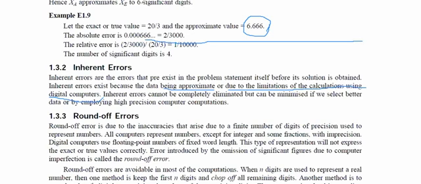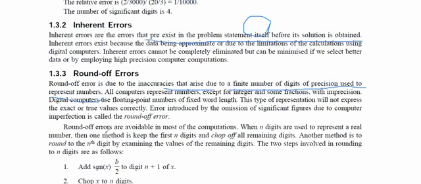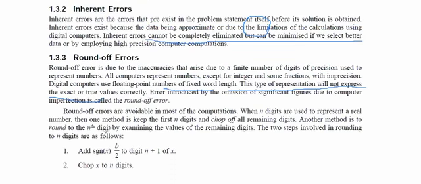Now we come to round off errors. You look here, what is round off? Round off error is due to inaccuracies that arise due to the finite number of digits of precision used to represent numbers. So this round off error is due to inaccuracies, and this inaccuracy arises due to the finite number of digits of precision used to represent a number.